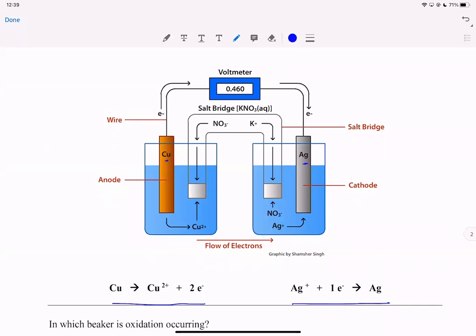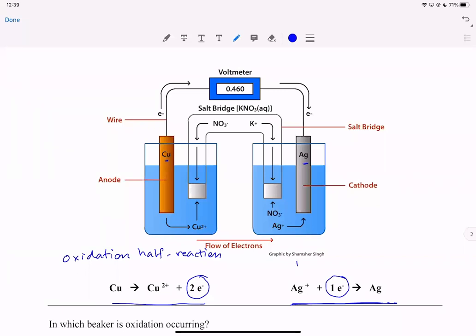So this half reaction, notice the electrons. Where are they? If they're on the right side, that is on the product side, and that means that it is the oxidation half reaction. The electrons are lost. This other half reaction with the silver, the 1 e minus, the electrons are on the left side. That's the reactant side.